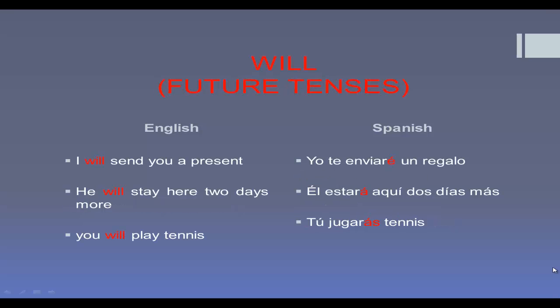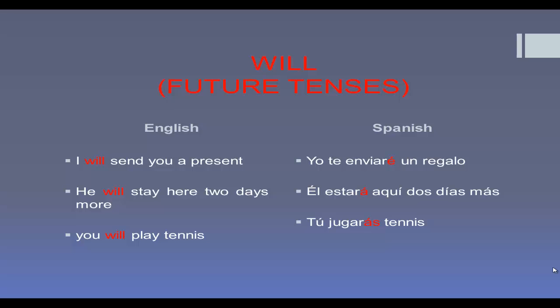Future tenses. Will. As I said before, Spanish has different forms to conjugate a verb, on the contrary to English that uses auxiliary verbs to conjugate a verb. For example, in Spanish we conjugate a verb in the future like this: yo te enviaré un regalo, él estará aquí 2 días más, tú jugarás tenis.